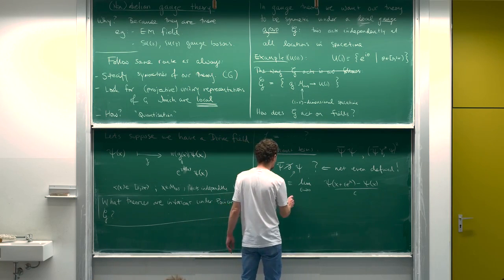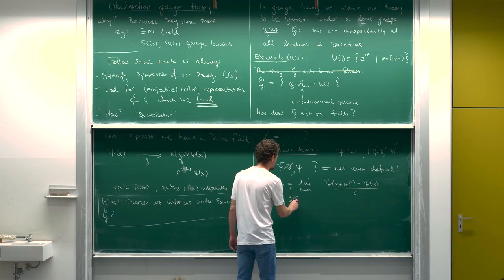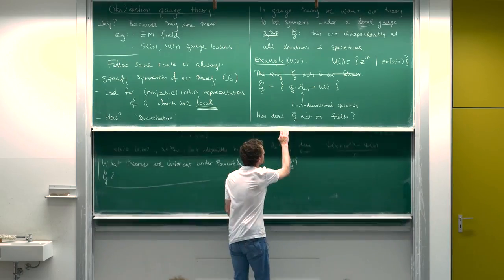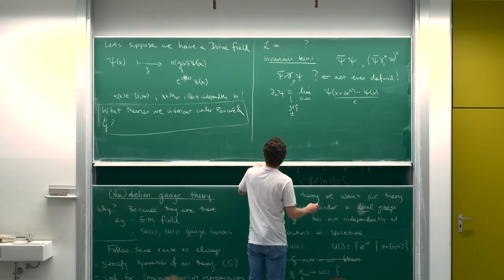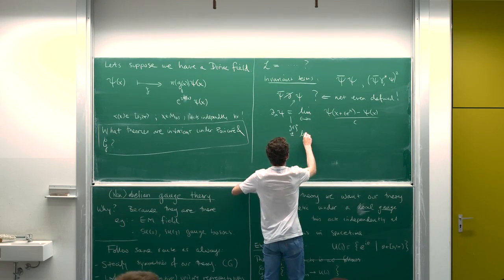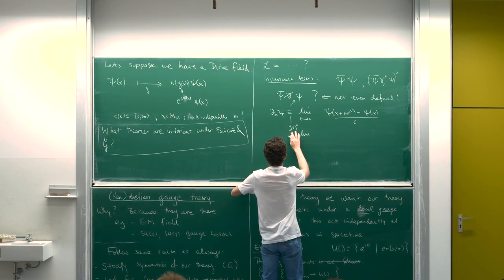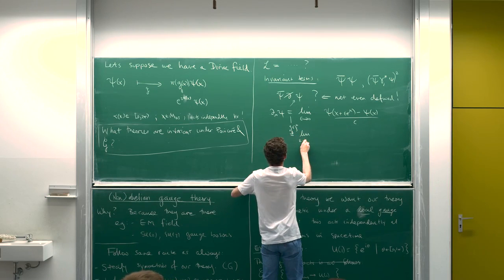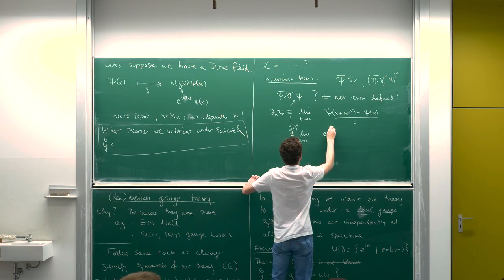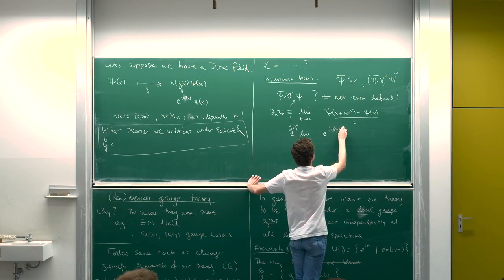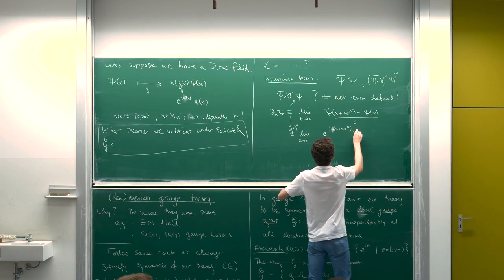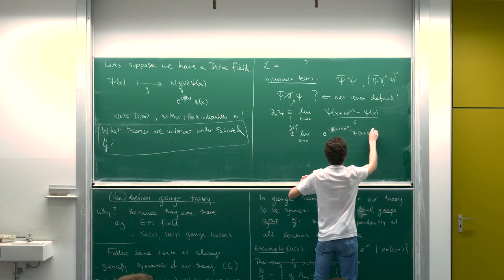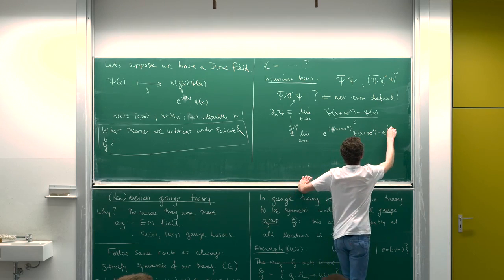So if we do a gauge transformation, then we get e to the i alpha of x plus epsilon e mu, minus e to the i alpha of x. I said theta again, I mean alpha.